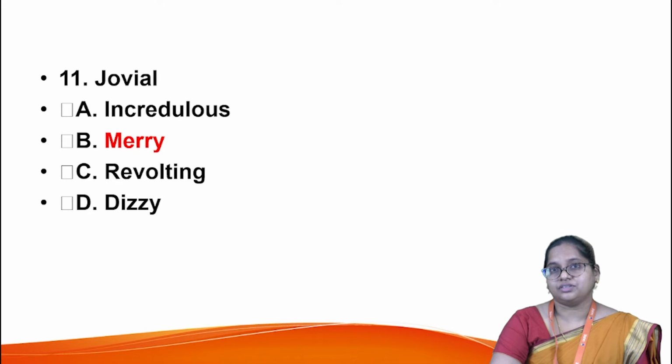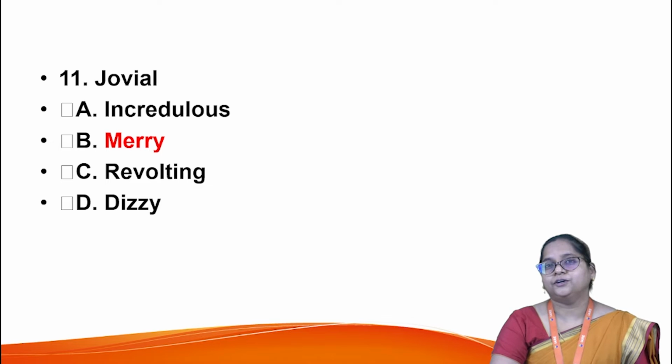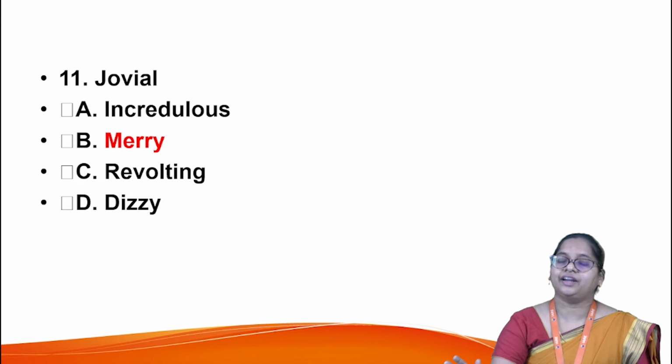Next, revolting. Merry is being very happy. Revolting: you revolt, you fight back against something, you give your consent as no again and again. That's the sense of it.